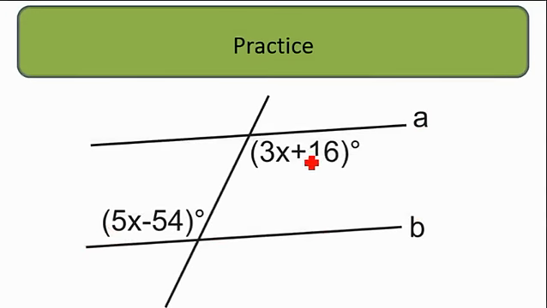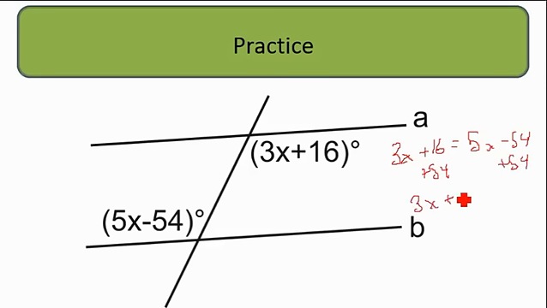The same logic for corresponding angles you can use for alternate interior angles. So for this problem, 3x plus 16 equals 5x minus 54. I'm going to add 54 to both sides. I get 3x plus 70 equals 5x.